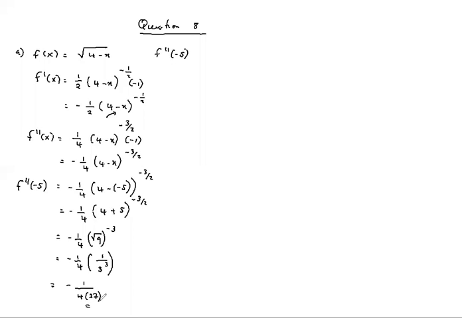So you can see you first need to find the first derivative for you to get the second derivative, and then substitute to get the value that you're asked. What about b? b is f of x is equal to (x³ minus 2x) to the power 3 at f double prime of 1.